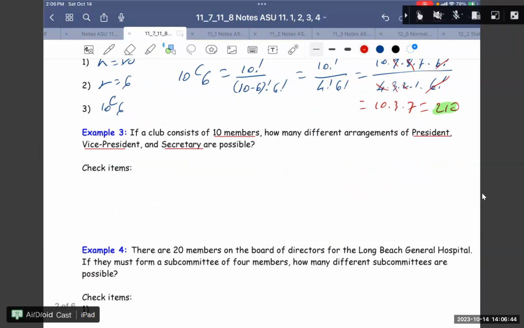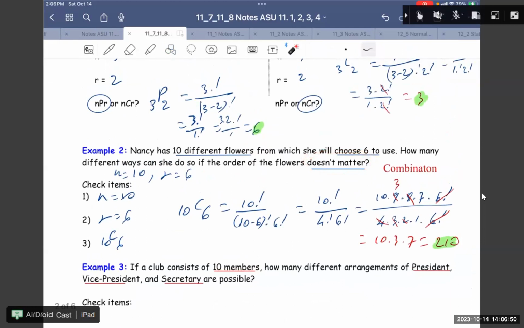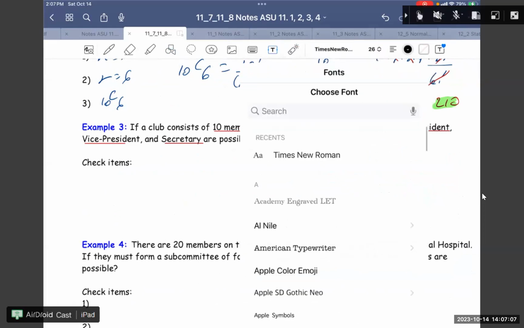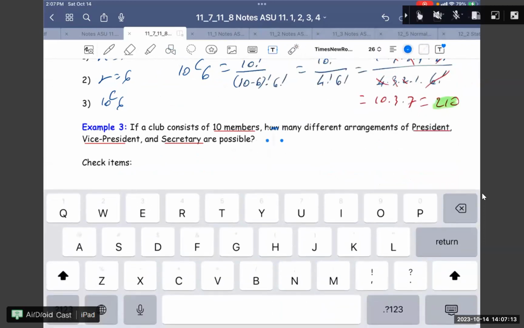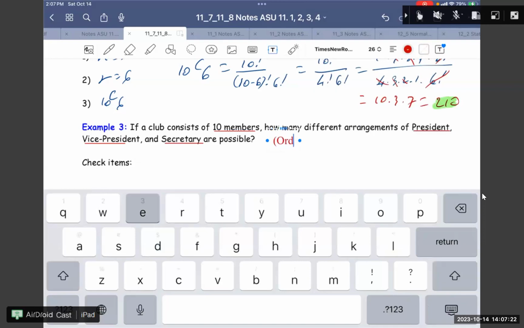Right here the order matters. In the previous one, the order doesn't matter, but in this one, the order matters.